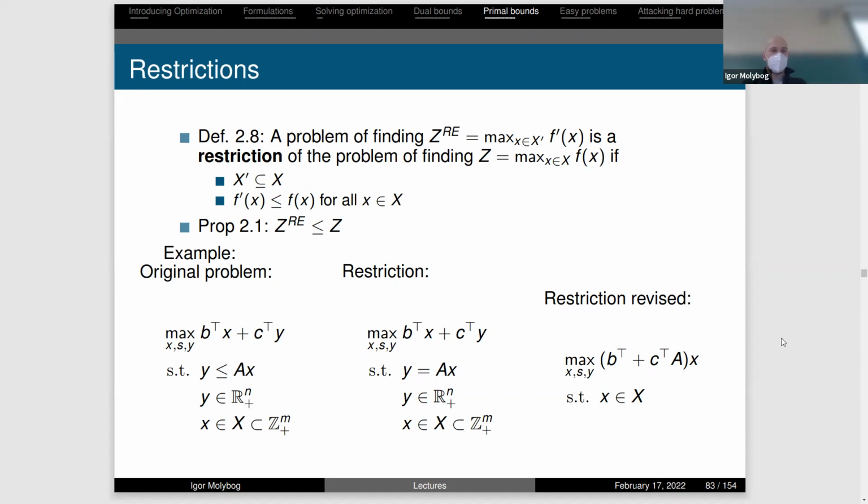So the first approach towards finding a primal bound is by following restrictions. A restriction, similarly to relaxation, is also an optimization problem.